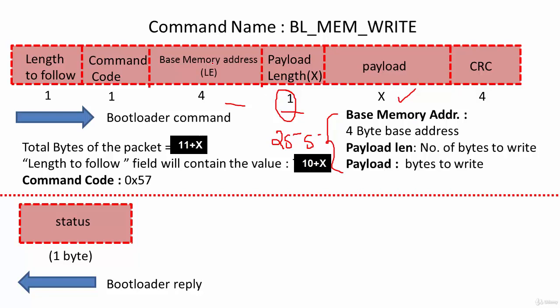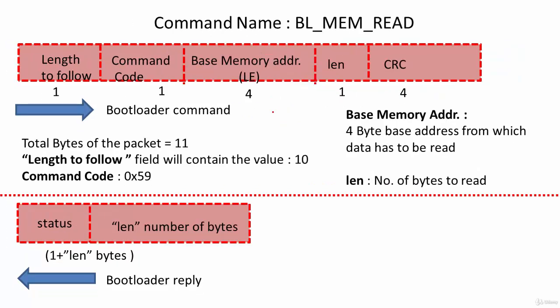Base memory address is a 4-byte base address from which bootloader should start writing into the memory, and payload length is number of bytes to write, and payload, of course, is a stream of bytes to write. Fine, so that's the format of the BL memwrite command.